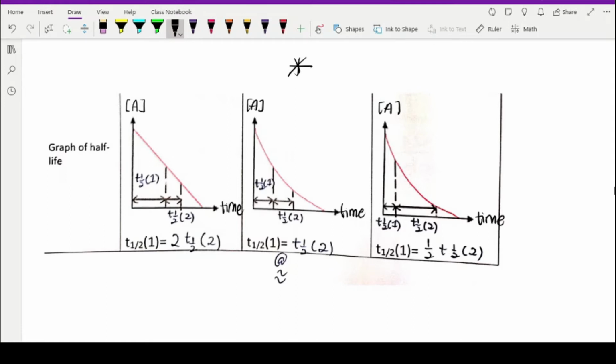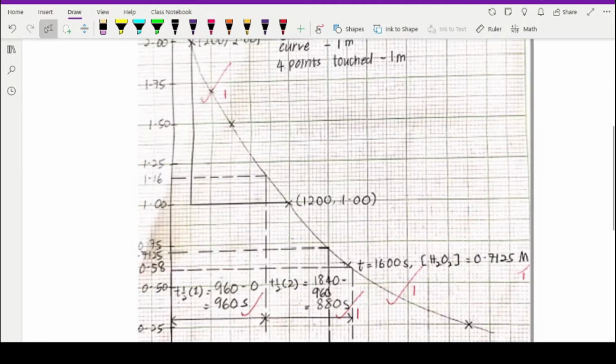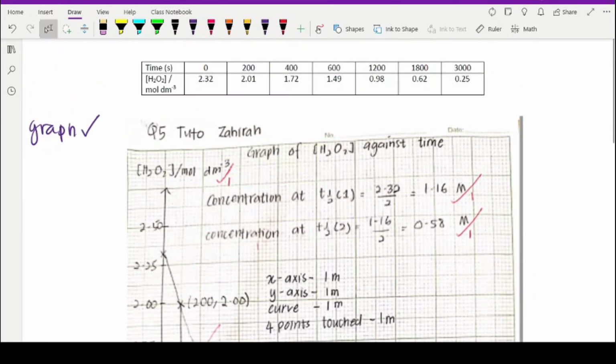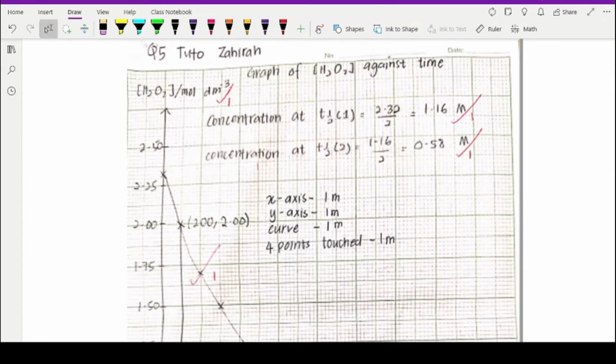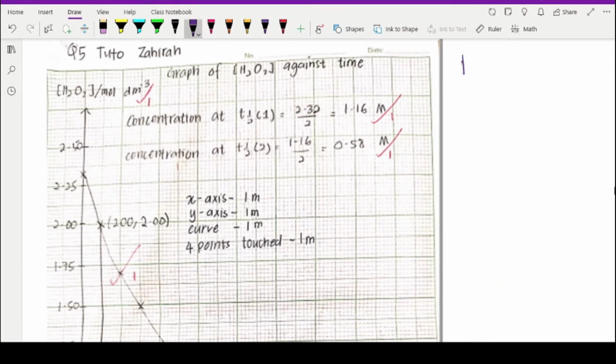So what I'm going to show you is the graph that I've plotted already. All the data given is already in your concentration together with your time. So you just plot your graph on your graph paper. So class, please make some notes.